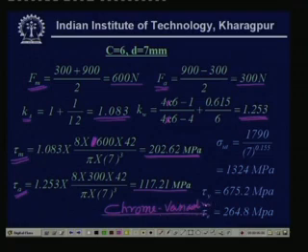If we choose the material as chrome vanadium, then immediately we know that the relationship for ultimate strength comes out to be 1790 divided by d to the power 0.155. Please refer to the earlier material property lecture, from where you get the formula and the values of A and M.